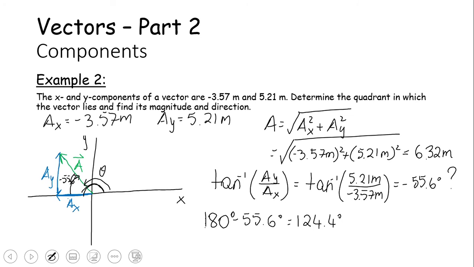Now there are other ways of doing this. This is not the only way. Another way would be to take the absolute value of the argument of the inverse tangent to avoid a negative in the result, and then determining always from the graph where the vector lies and determining whether we're adding that number to 180 or 270 or subtracting it from 360.